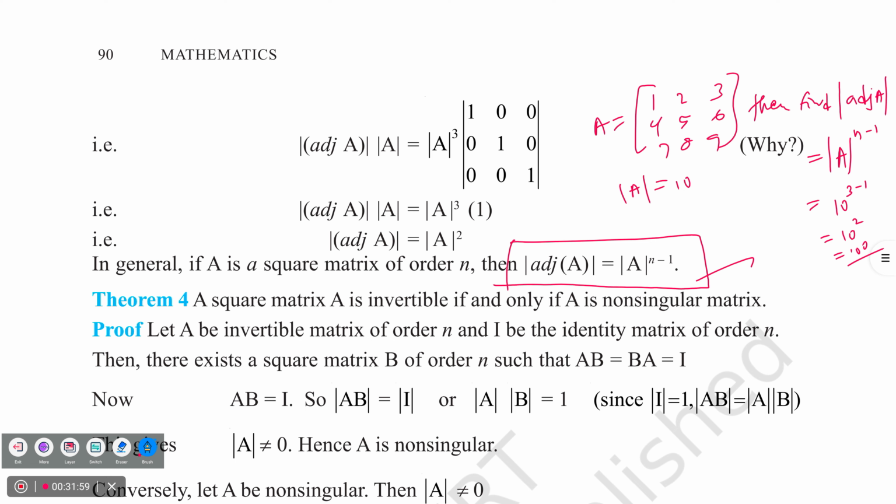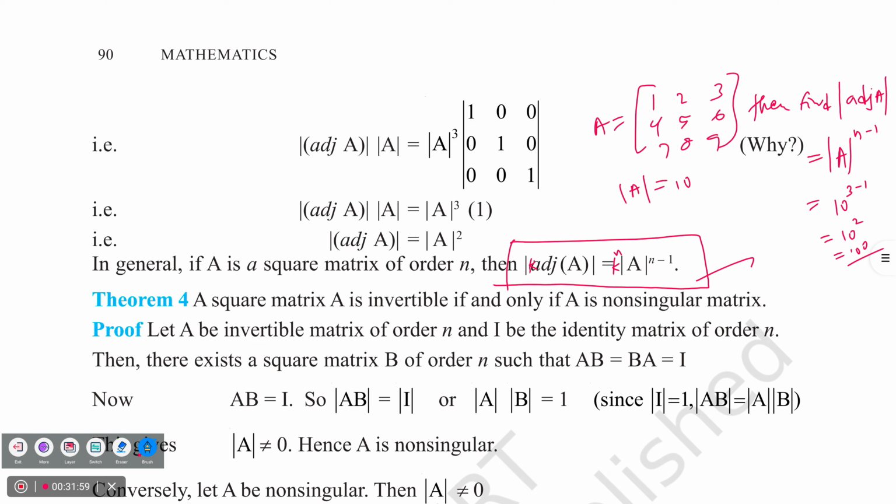Now they make it a little advanced. We are studying that the determinant of adjoint of A is determinant of A power n minus 1. Extra, they give a scalar k, which we didn't read earlier. Then k power n into determinant of A power n minus 1.